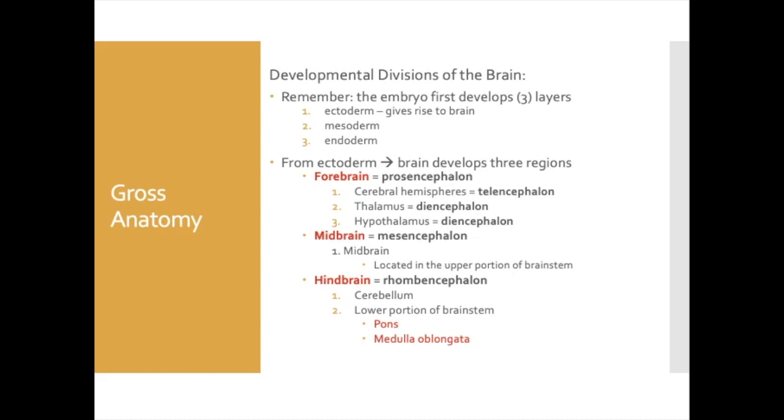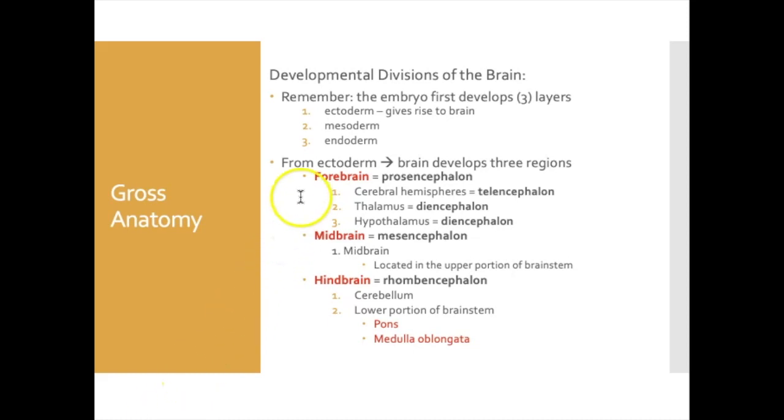So we talk about the two cerebral hemispheres, the brainstem, and the cerebellum. But when we're learning about the functions of the different parts of the brain, we often use the terms forebrain, midbrain, and hindbrain. These are the three developmental divisions of the brain.